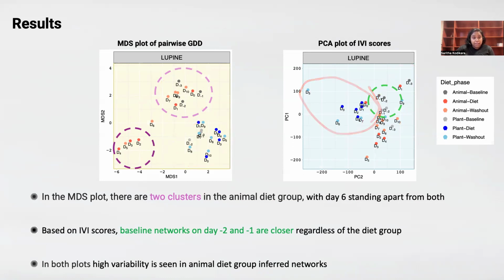Another interesting thing we see in these IVI scores, which look at the influence of different taxa, is that at the start of the experiment you see a clear grouping of the naive or baseline networks, which is expected because at the start we assume these nodes or taxa would have similar influence regardless of group, because they're being given the same type of diet.